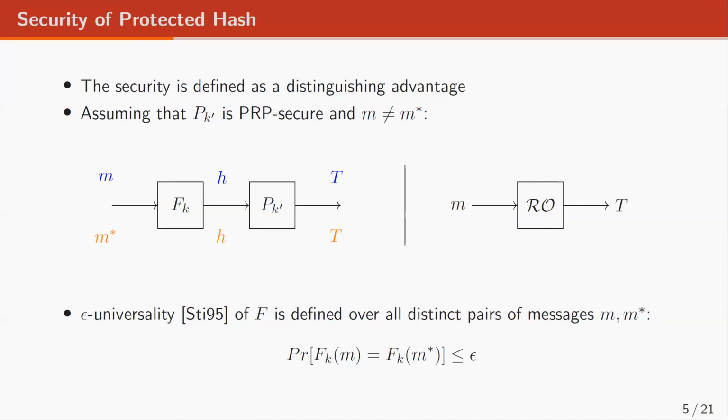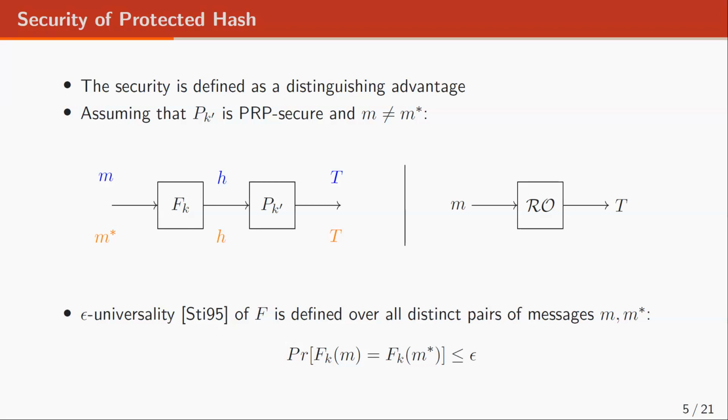And for the protected hash, actually we have a distinguishing scenario where you can see here we're trying to distinguish between a random oracle, and the way we do it is by finding a collision at the output of the compression function.